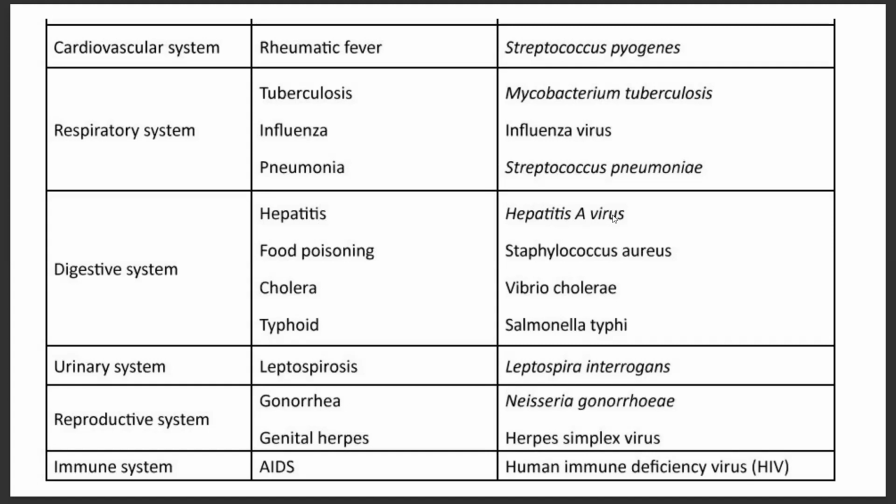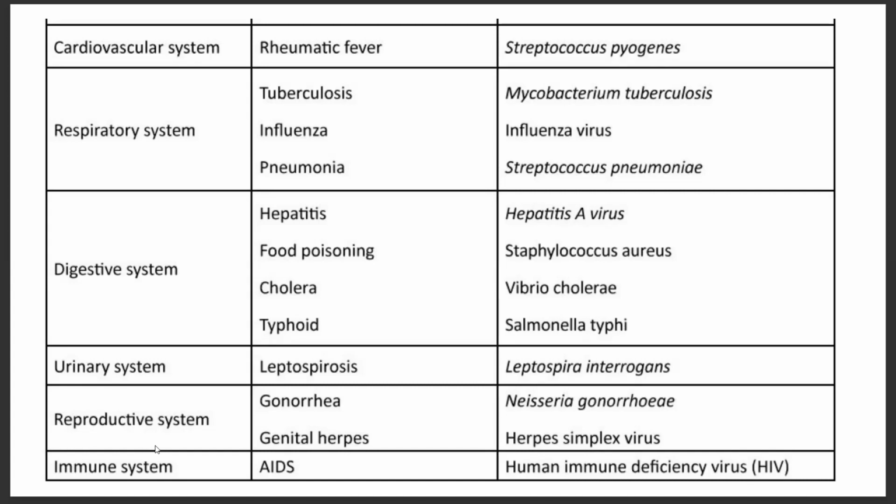Urinary system, leptospirosis. Leptospirosis is caused by a bacteria, Leptospira interrogans. Then reproductive system, gonorrhea, Neisseria gonorrhoeae.